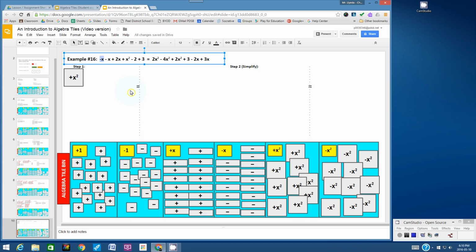Once you've located any x squareds, then look for any x's. Now on the left side, we've got lots of x's. So start with the first one. Start with this one. And then go to the next one.